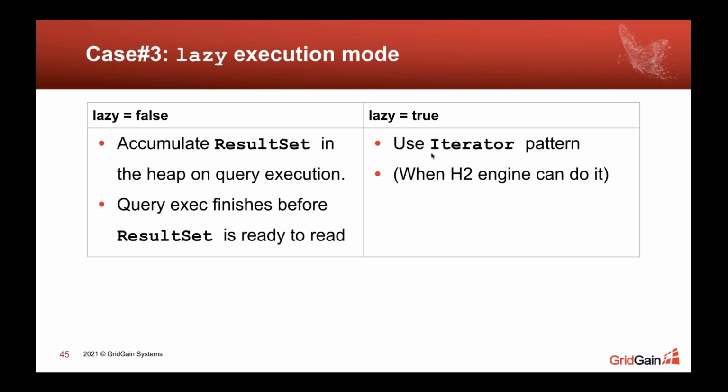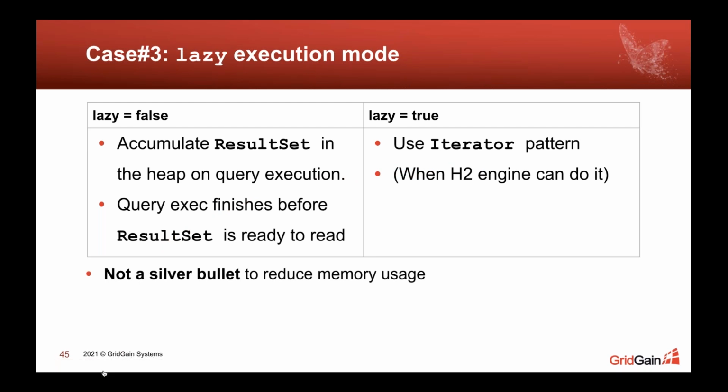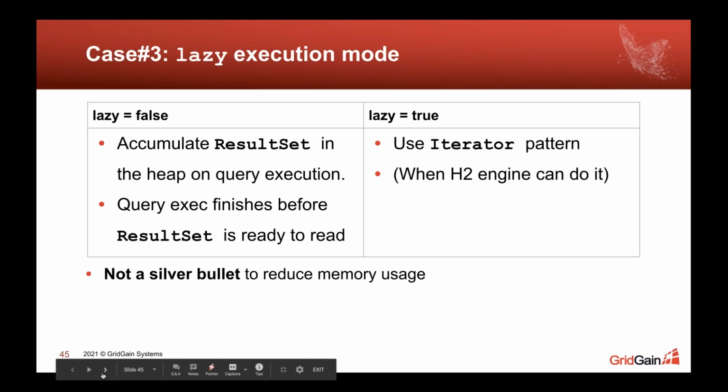But if you have lazy set to true, it works more like an iterator. That's not always possible, but sometimes it is. It could become tricky with sorting, as we noticed on the previous slide, and with aggregation. So it's not a silver bullet to reduce memory usage, because it doesn't always work.